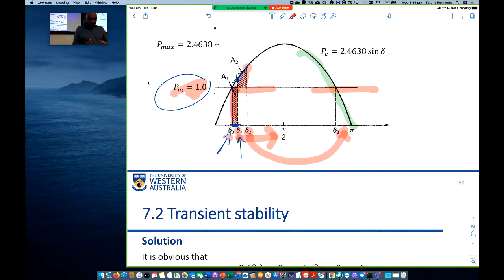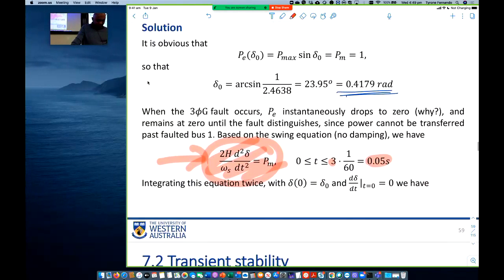If A1 equal to A2 is such that delta 2 is actually on top of delta 3, then that's the clearing time, that's the threshold. Right?